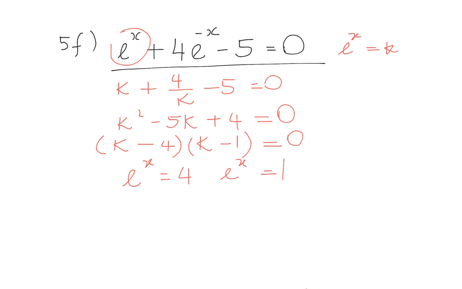Okay, e to which power will give me 1? Well, not just e. Any number to the power of 0 will give me a 1. Okay, if e to the x is 4, then x ln e is ln 4.